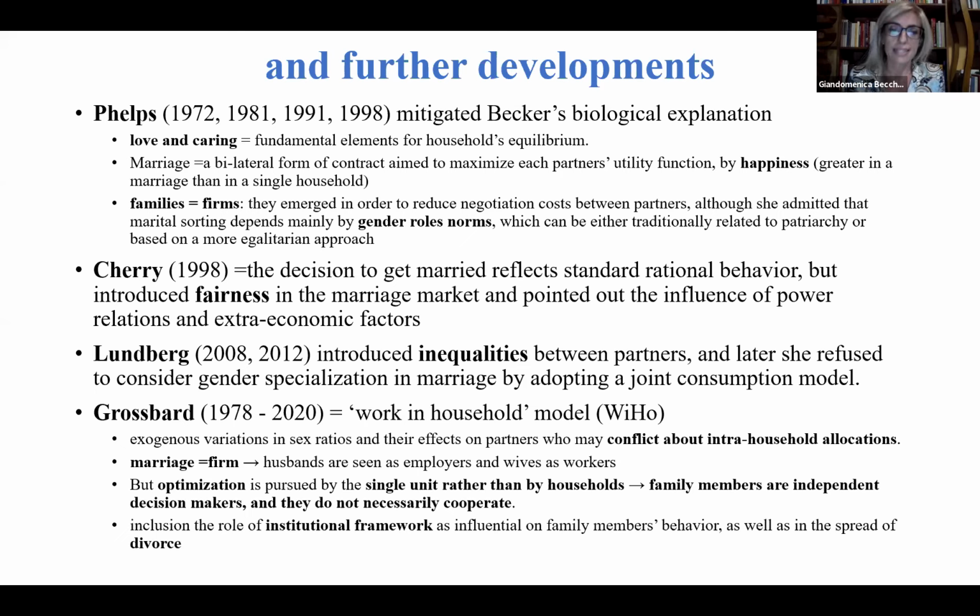And more important, they don't necessarily cooperate, as was implicit in Becker's model. And she also introduced the institutional framework as influential on family members' behavior. And that's particularly important when analyzing the spread of divorce.